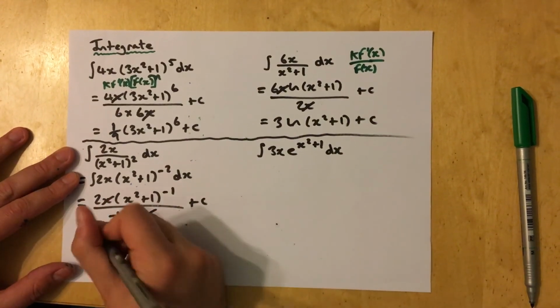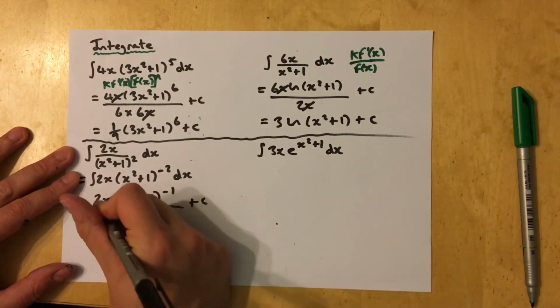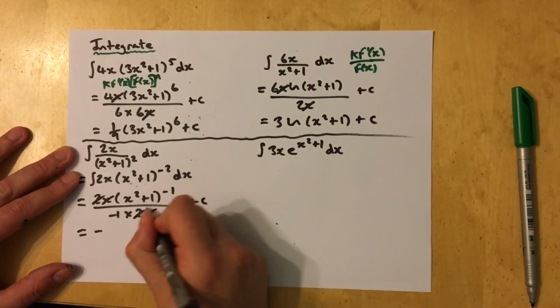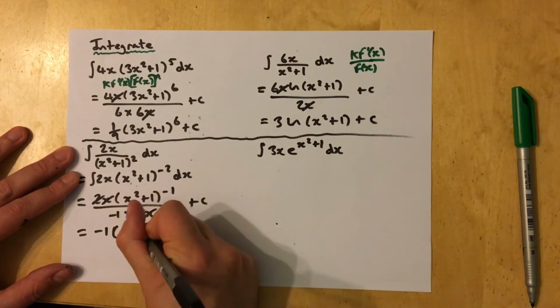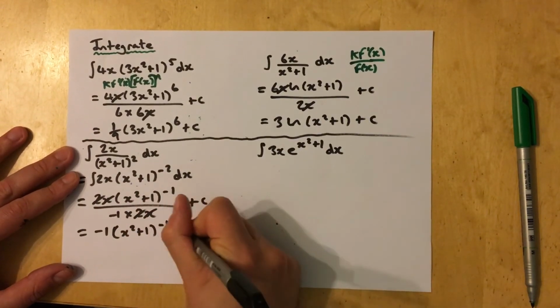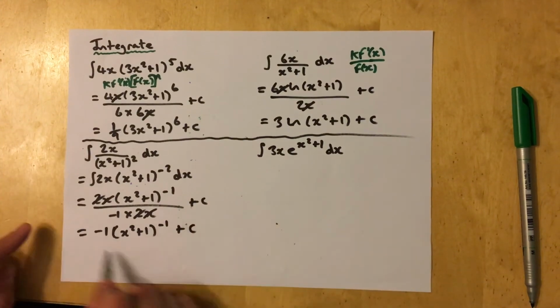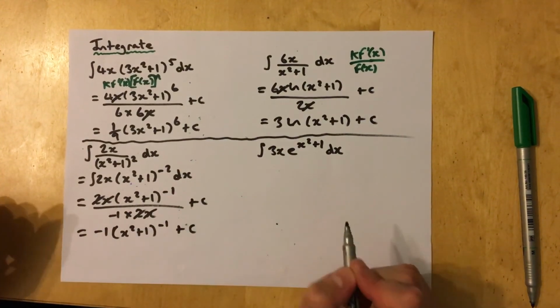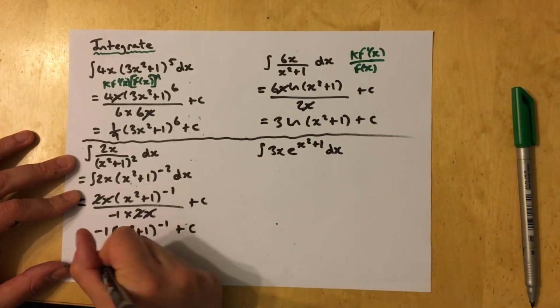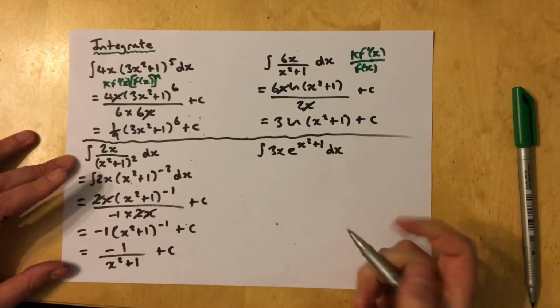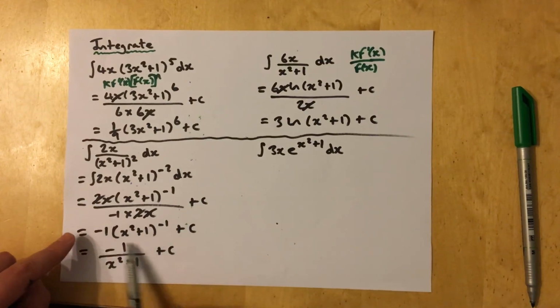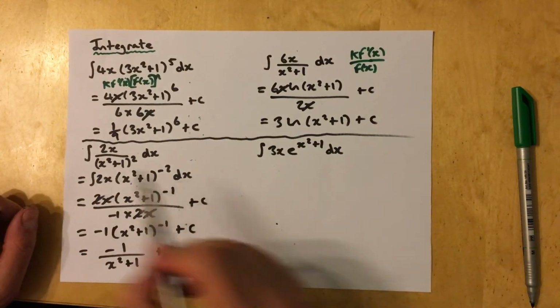So our final answer will just be minus 1 lot, because the 2's will also cancel. So we'll just end up with minus 1 lot of x squared plus 1 to the power of minus 1 plus c. So you could rearrange that, have it as minus 1 over x squared plus 1 if you wanted. That might be a slightly nicer way of writing that answer. But we've ended up with something that we could differentiate using the chain rule to check our answer.